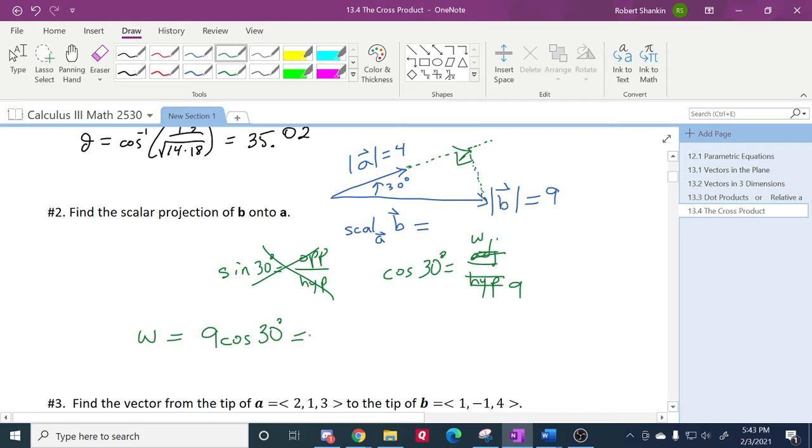and cosine of 30 degrees, that's a known value. I think I remember that. That's the square root of 3 over 2. So then punch this out with my calculator.